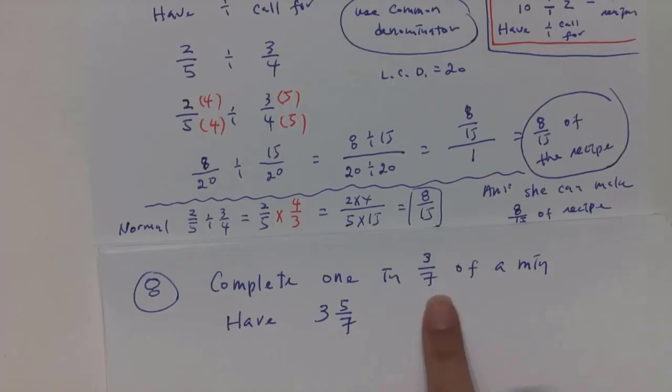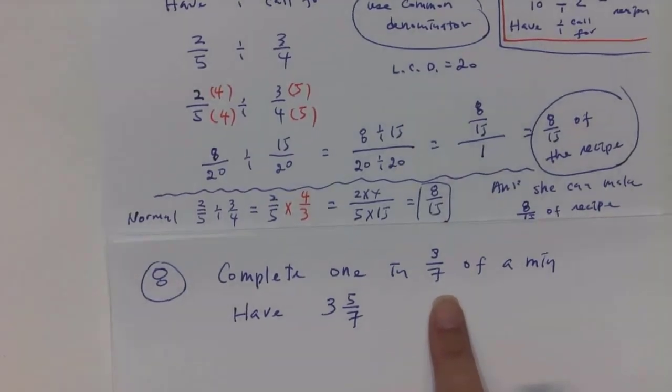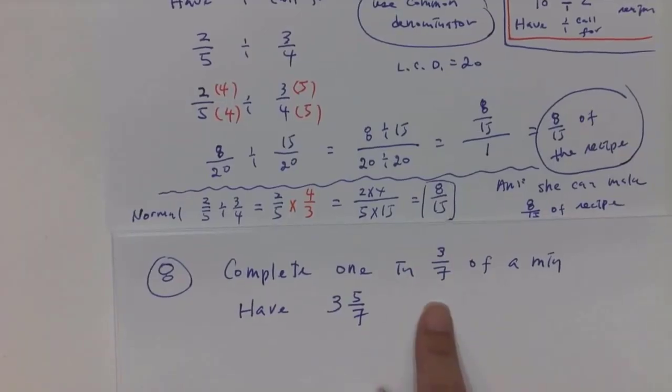If it takes him 3/7 of a minute to do one, for the whole minute, how many can he do? 3/7 plus 3/7 for two is 6/7, so it's very close to 7/7, right? So about 2 per minute.